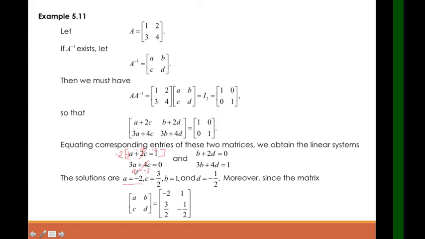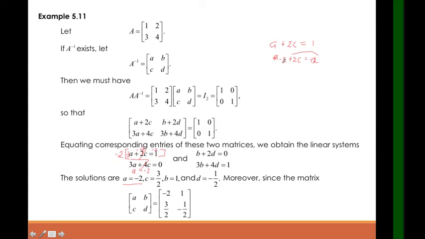Since we have A is negative 2, we can substitute to any of this with C. Ito na lang. So if that is negative 2, we have A plus 2C equals 1. So A is negative 2 plus 2C equals 1. Transpose, that's positive 2. Tama?